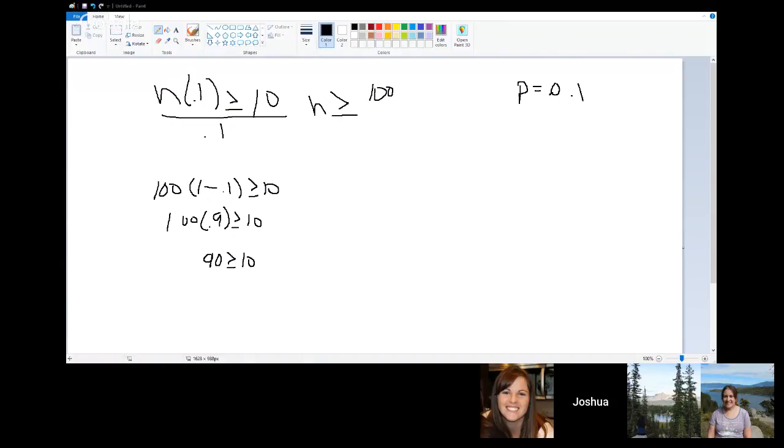Find the test statistic. And then for 15, I got a negative number.